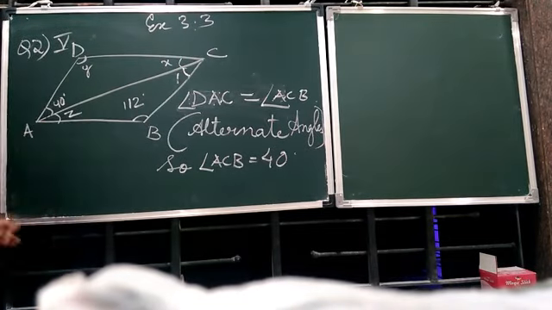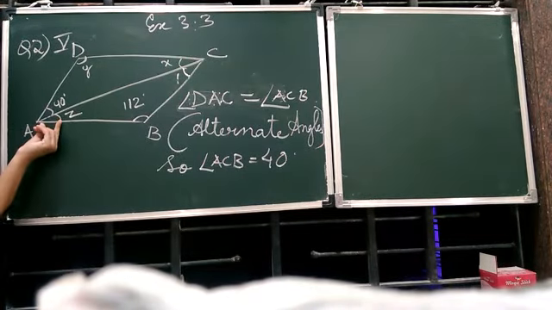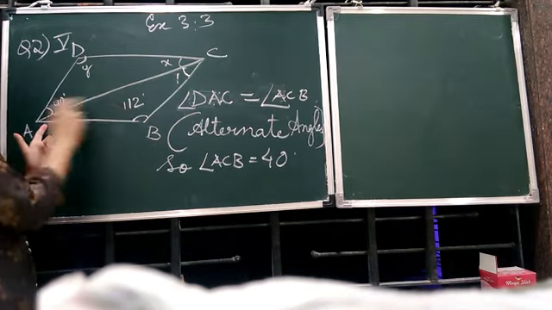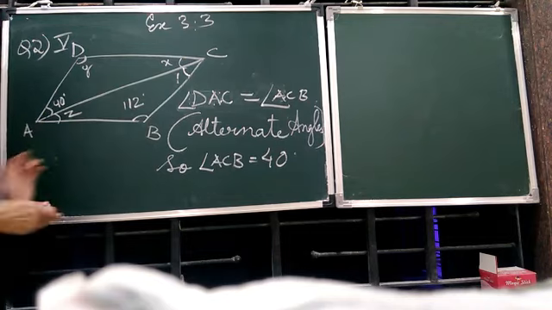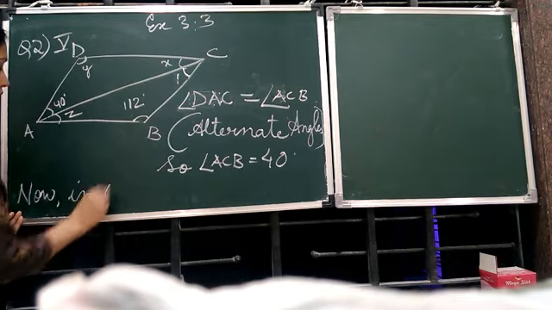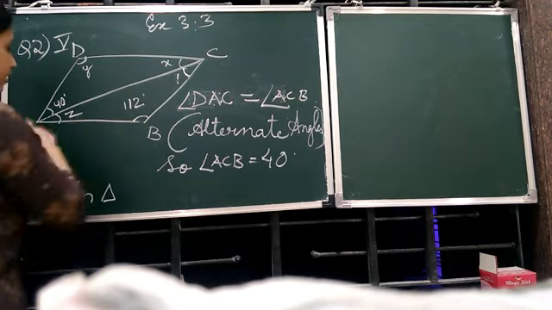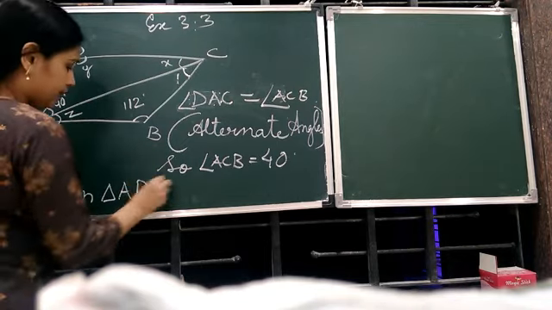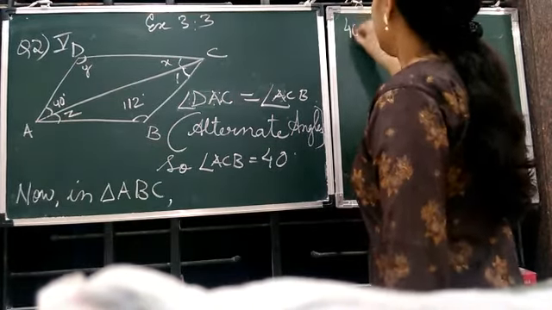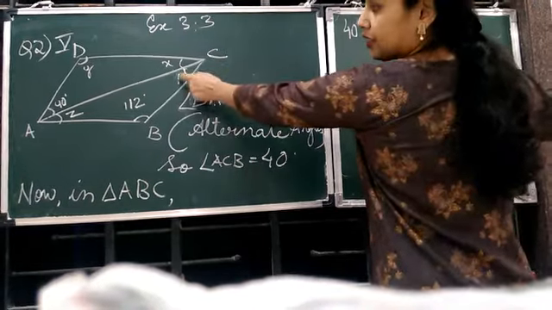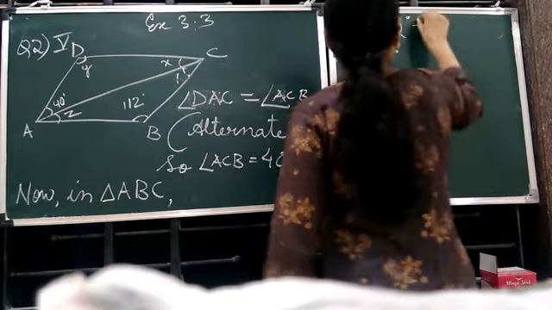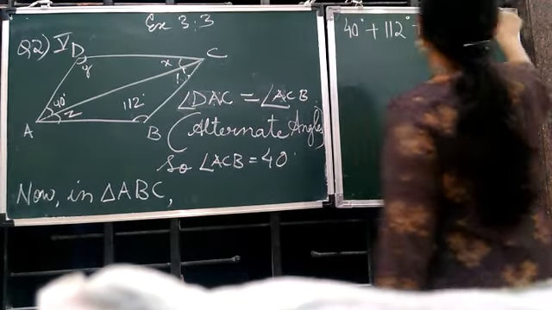This is 40 degree and this is 112 degree. We can find out the value of Z by using the angle sum property. The sum of interior angles of a triangle is 180 degree. So, in triangle ABC, 40 degree, which we found, plus 112 degree plus Z is equal to 180 degree.